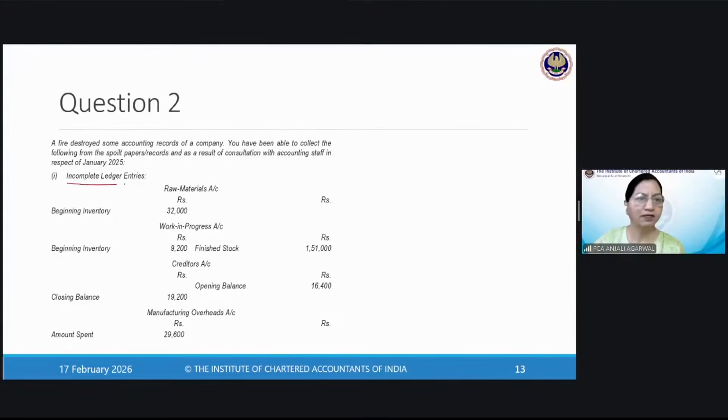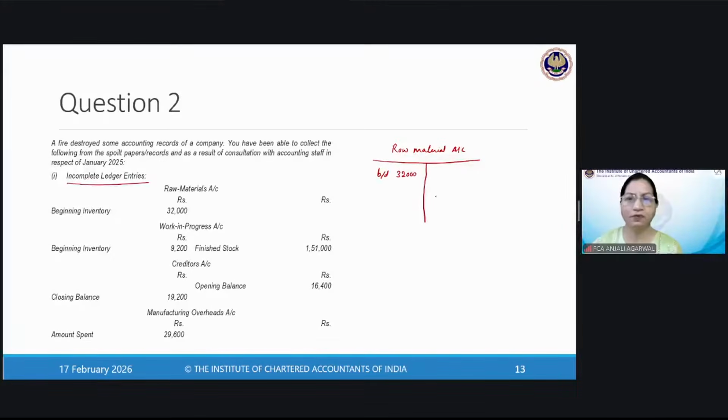So these are the incomplete ledgers which you have. You have the opening balance of raw material, 32,000. Indirectly, you have the raw material account or the stores account. Raw material account, you have the brought down balance as 32,000.